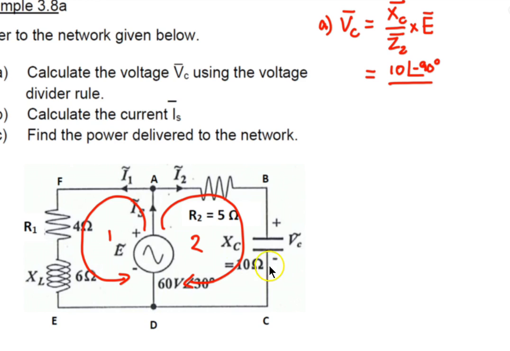Now the total impedance is 5 minus 10J. 5 minus 10J is the rectangular version. So if I were to convert that into phasor, that will be 11.18 with the angle of minus 63.44 degrees.